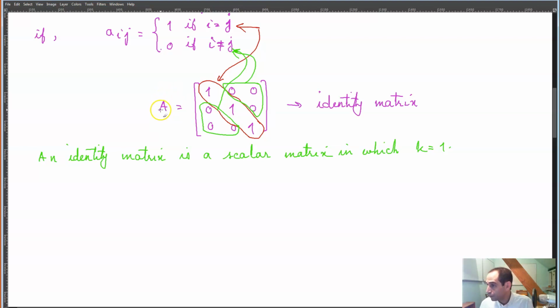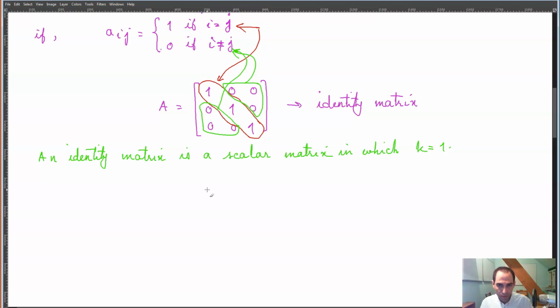And we have the same thing over here. It says to observe that a scalar matrix is an identity matrix when k is equal to 1. That's the same thing that we have written here. But every identity matrix is clearly a scalar matrix, because all identity matrices have the same number of rows and columns, since they are square matrices, and all of the elements across the diagonal are equal to 1.